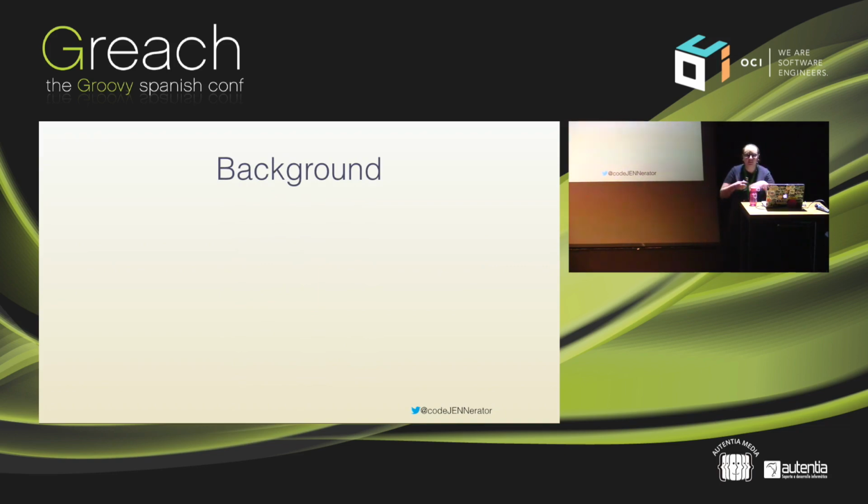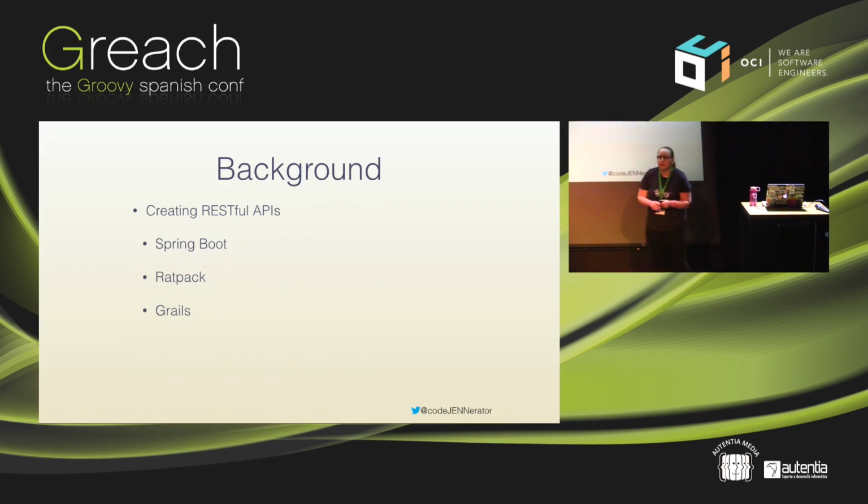Now that you know a little bit about me, I'd like to know a little bit about you. I assume that if you're here, you have some idea of how to create a RESTful API. By a show of hands, who has used Spring Boot to create APIs? Okay, probably about 40%.